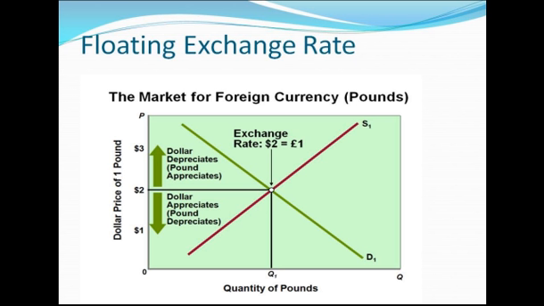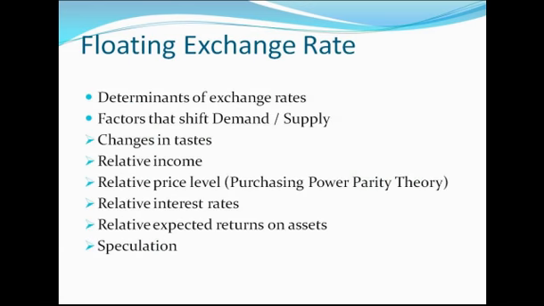They would buy the British pound. What makes the exchange rate fluctuate? Under the current floating exchange rate system, the price of the exchange rate depends on the supply and demand for the currency.